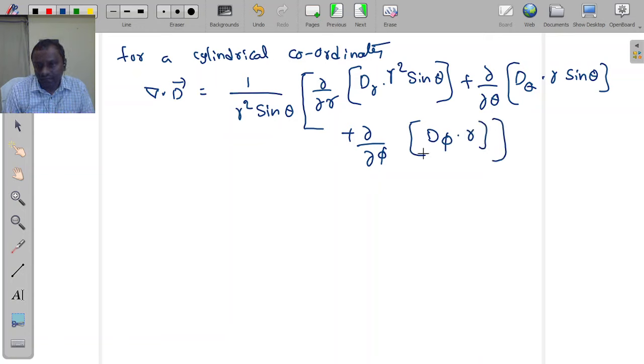But D phi is 0, D theta is 0. We need charge density. This is the charge density for r greater than 2.